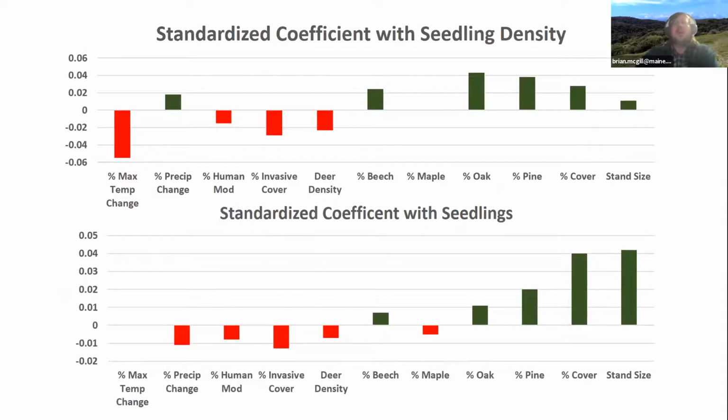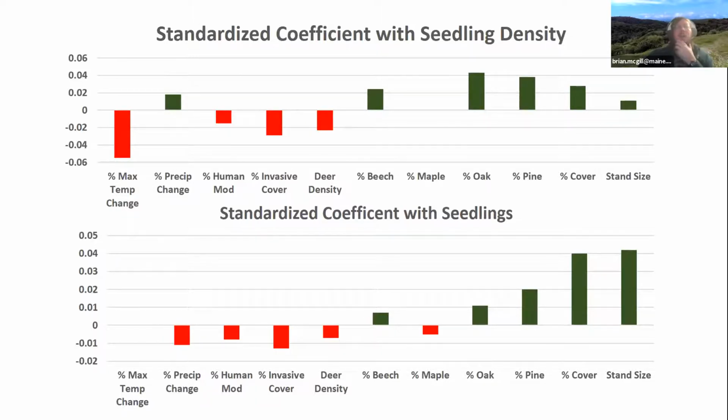So this is a regression, spatial regression, CAR regression, looking at a bunch of different factors and what's explaining, on the top, seedling density and, sorry, it's mislabeled on the bottom, sapling density.